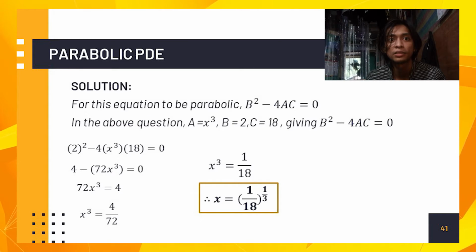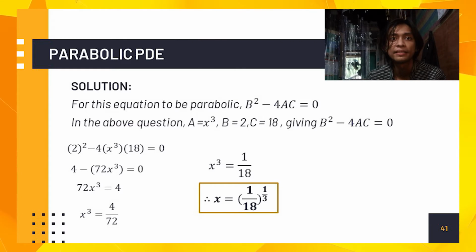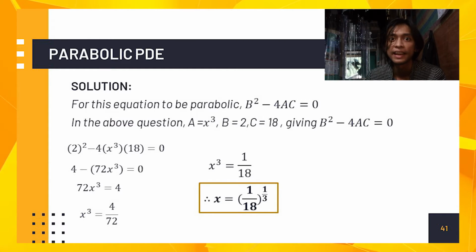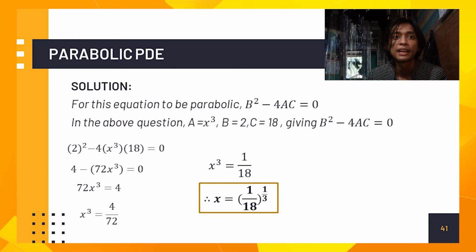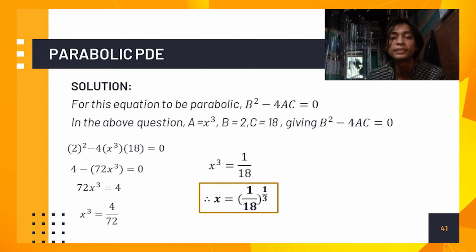Now we solve for it, and we get x cubed is equal to 4/72. Solving for x, we get x is equal to 1/18 raised to 1/3, which on the multiple choice is letter B, which is x is equal to 1/18 raised to 1/3.